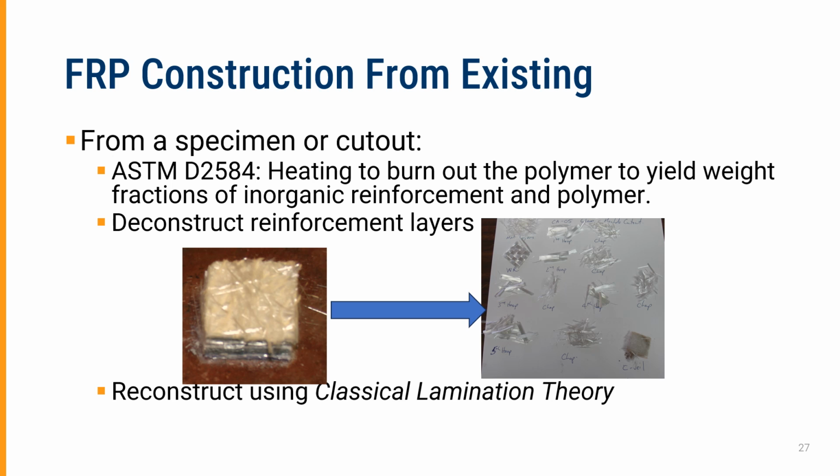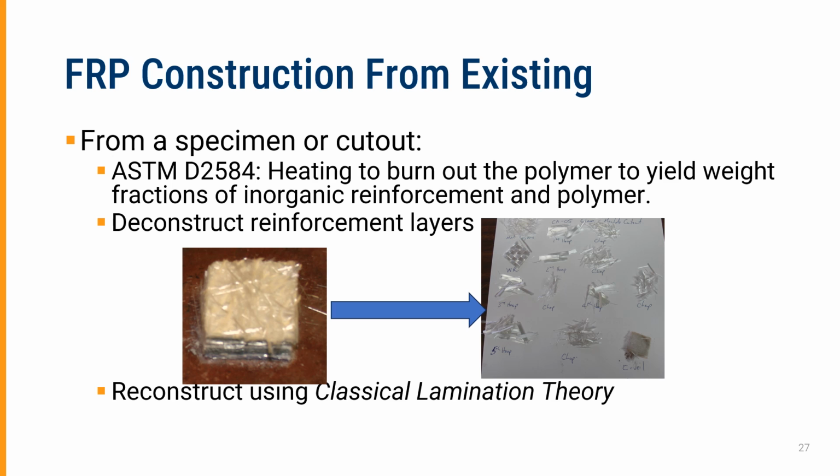If we have existing FRP, and we have no information on how it's made, but we need to know how it was made, we can get that information from a specimen or a cutout. So we get a cutout of a particular size and we can remove the polymer. In the case of glass reinforced polymers, it's very easy.